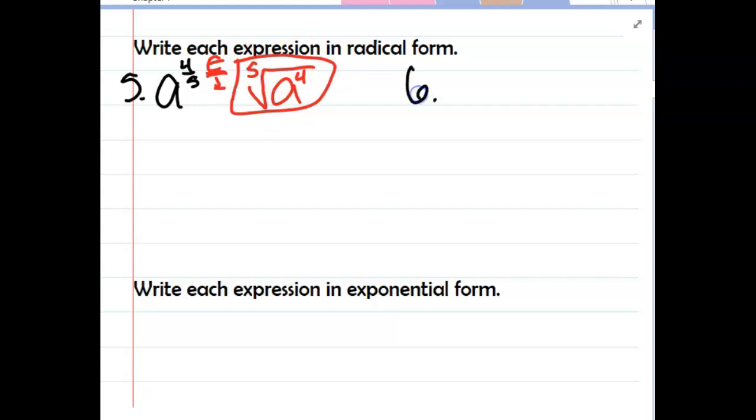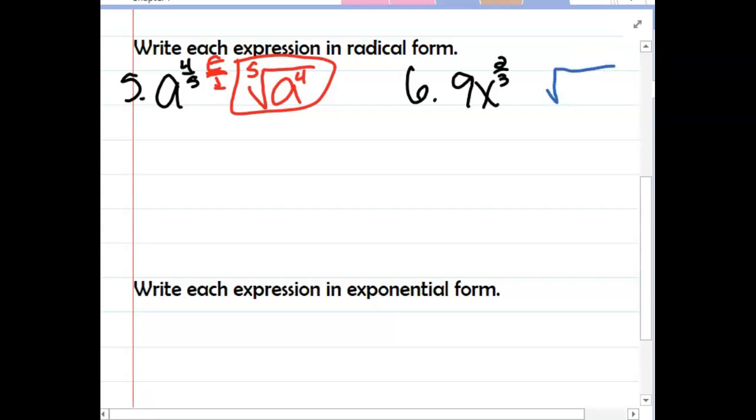It'll look like that. Now you do need to be really careful here, because if I have 9x to the 2/3, and I want to write this as a radical, you have to be really careful, because what goes underneath the radical is the base. And if you remember from last week, the exponent only applies to the number right underneath it.